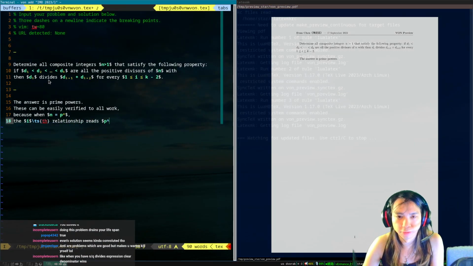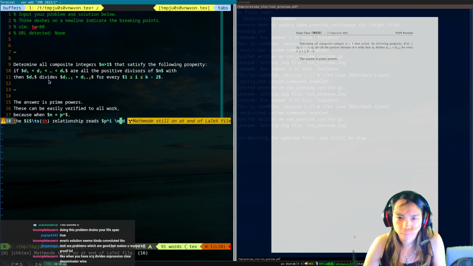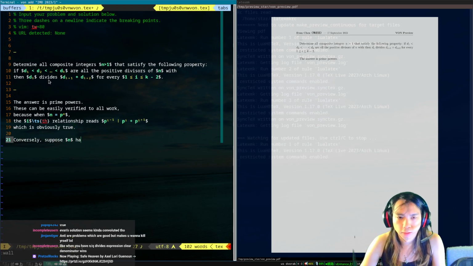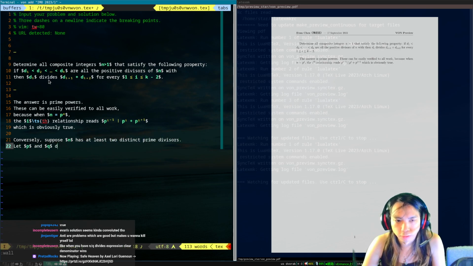Relationship reads p to the i ought to divide, sorry. Conversely, suppose n has at least 2 distinct prime divisors. Let p less than q denote the 2 smaller ones.